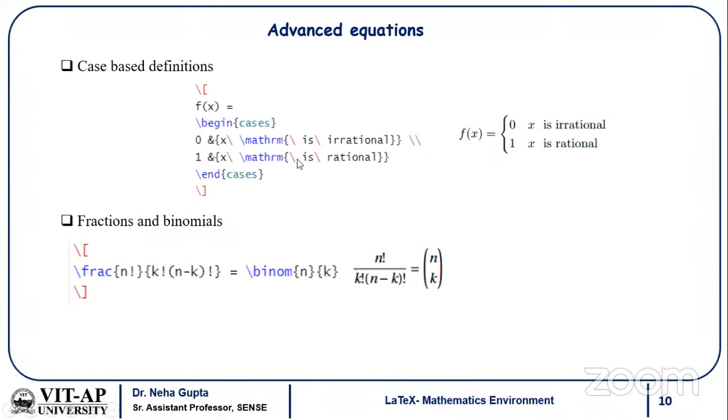For that, you have to mainly learn this type of content, which we always write in cases. So that always should be represented with math rm, and cases you have to use. And the last one is binomial. One example is given for the advanced equation. For that, this type of commands are available in LaTeX.